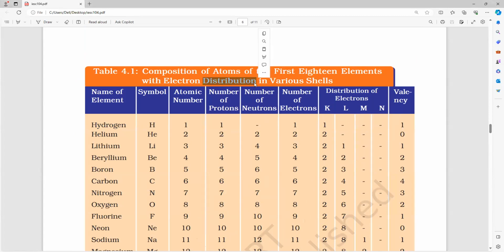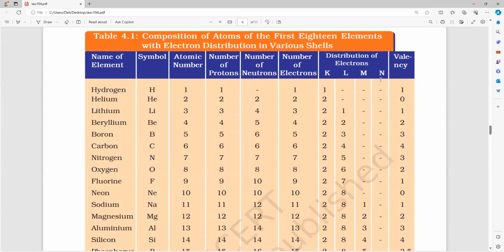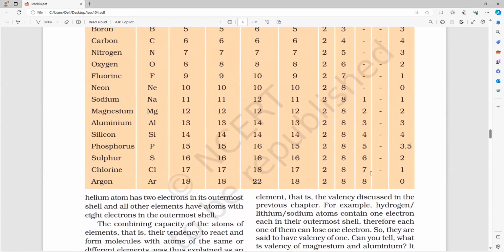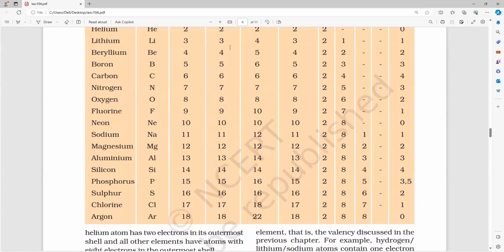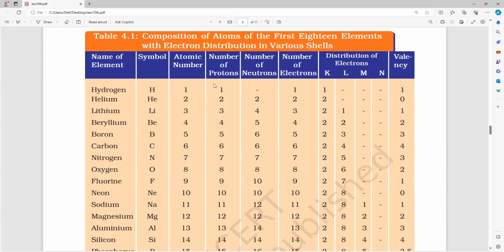Electronic distribution we also call electron arrangement or electronic configuration. So you should learn. All of you understand? Valency is not required; I will teach you how to calculate valency. Till here you have to go through all 18 elements. You have to observe; I'm not asking you to learn anything. I already told you long back, learn at least the first 30 elements.